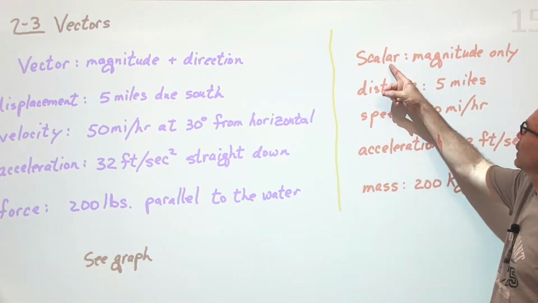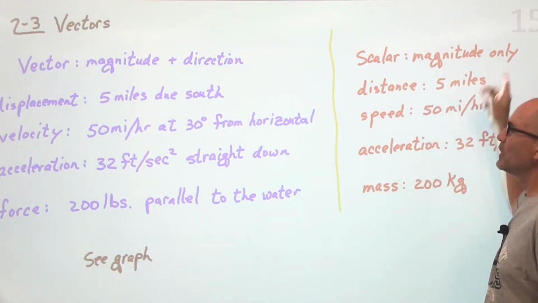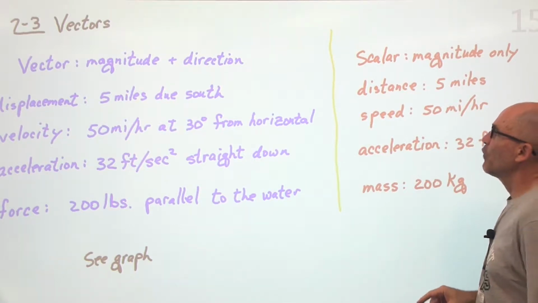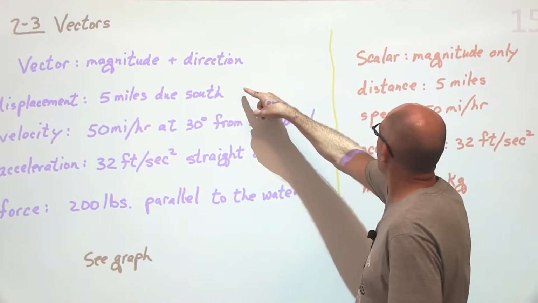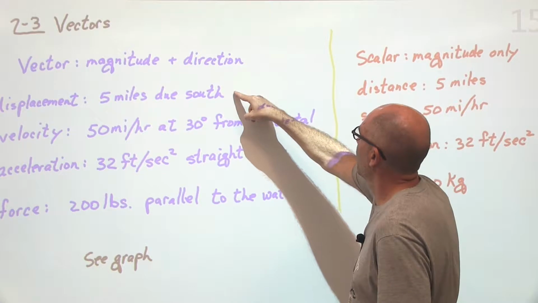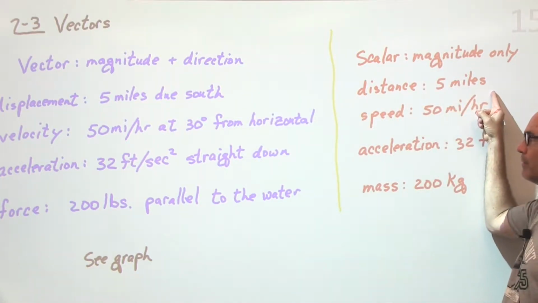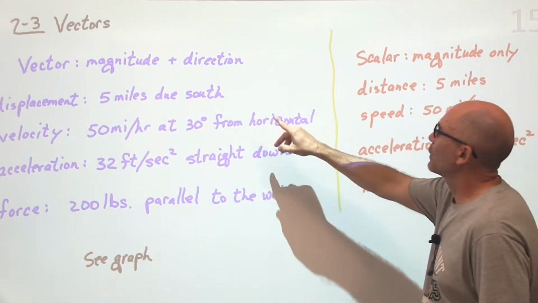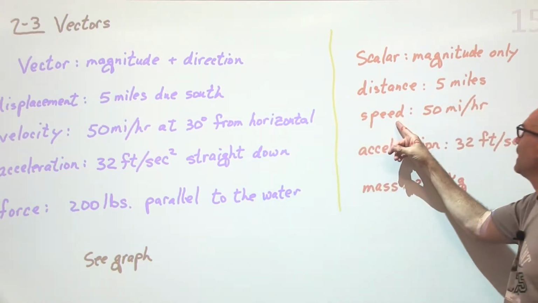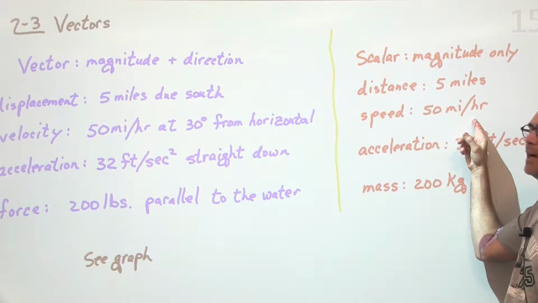Now, scalar is a magnitude only. So if we take the scalar quantity of displacement, that would just be distance, and that's just plain 5 miles. The scalar quantity of velocity would be speed. That's just 50 miles an hour.